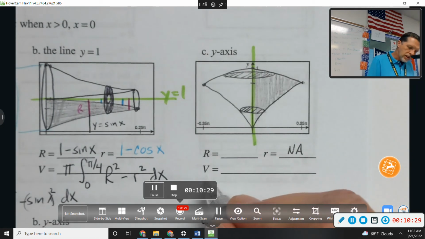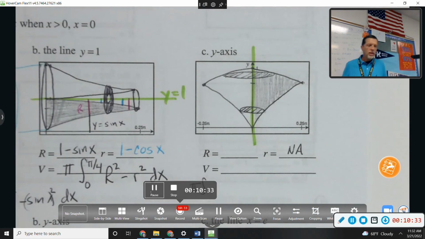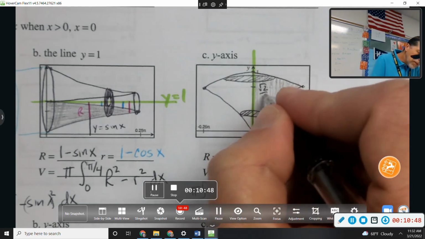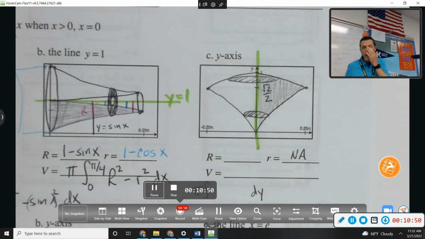Okay, these are pi. Are they stacked in the x or in the y direction? Y direction. Well, something's going on at root 2 over 2. That's where they intersect.